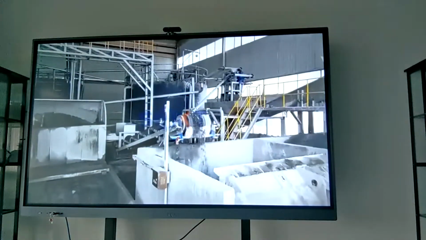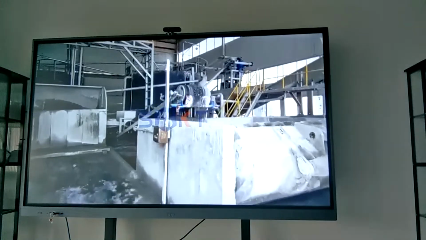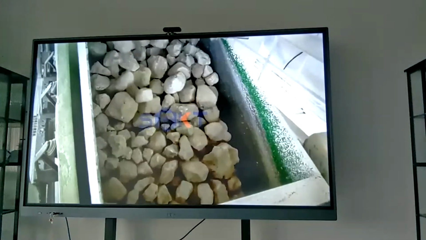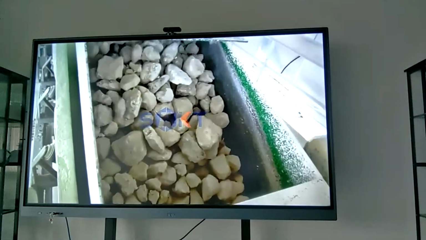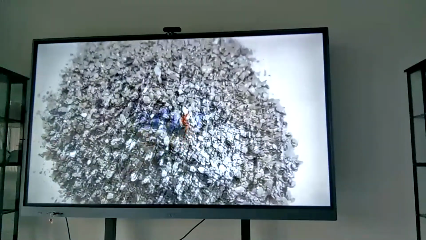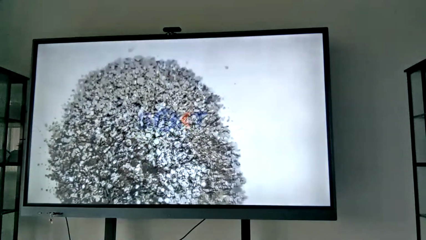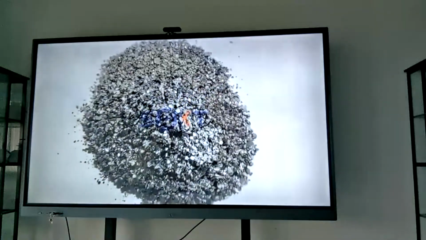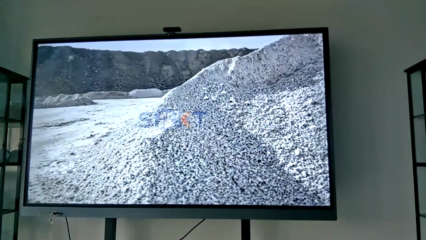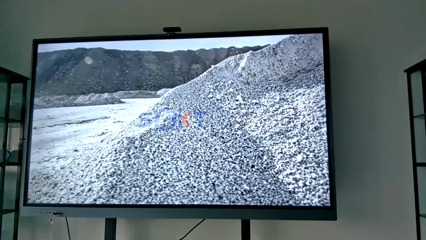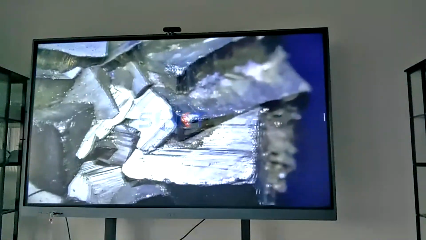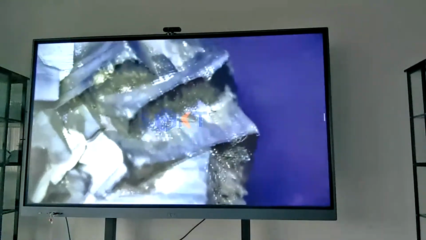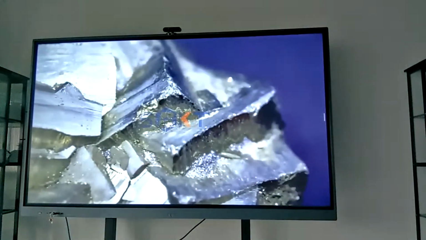Heap leaching is completely unsuitable without pre-treatment. The cyanide solution cannot even detect the encased gold.